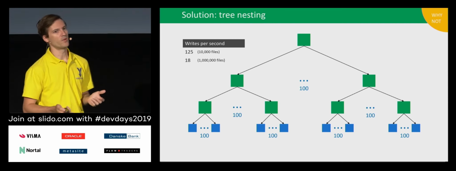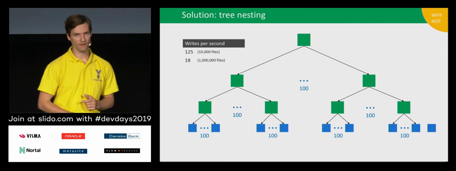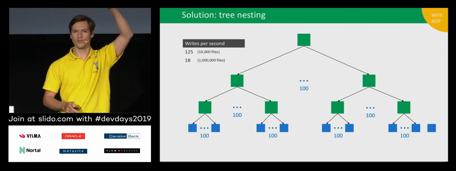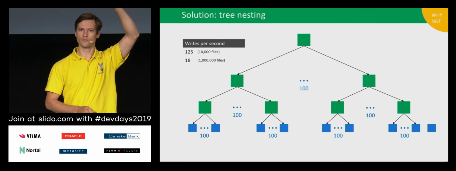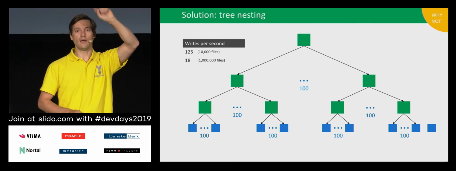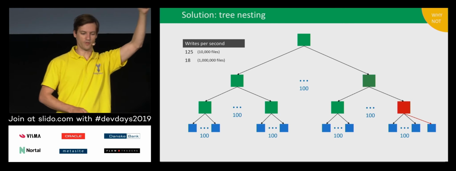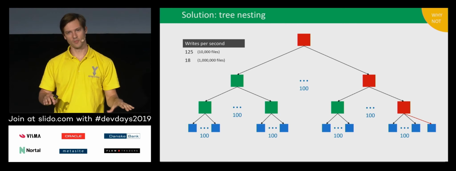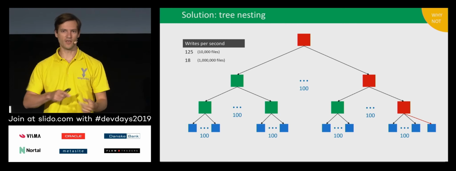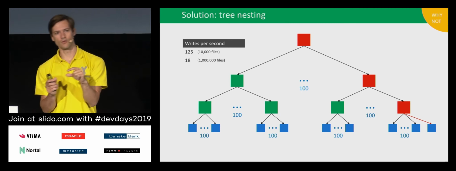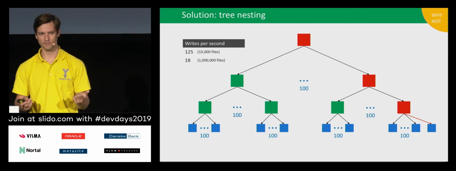So now what happens when I add a file? In this case, I need to update the tree on top of that, which is just 100 lines of index, and also the one on top of that and the one on top of that. So now I still have a repository of 1 million files, but when I add something, I just need to update 3 files that are 100 lines rather than one with 1 million.